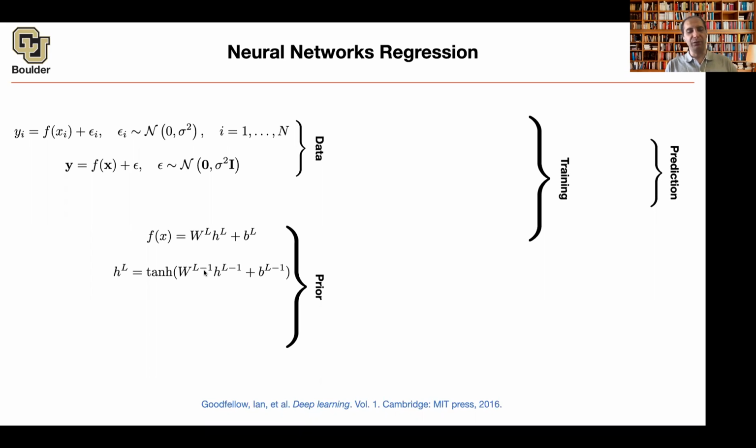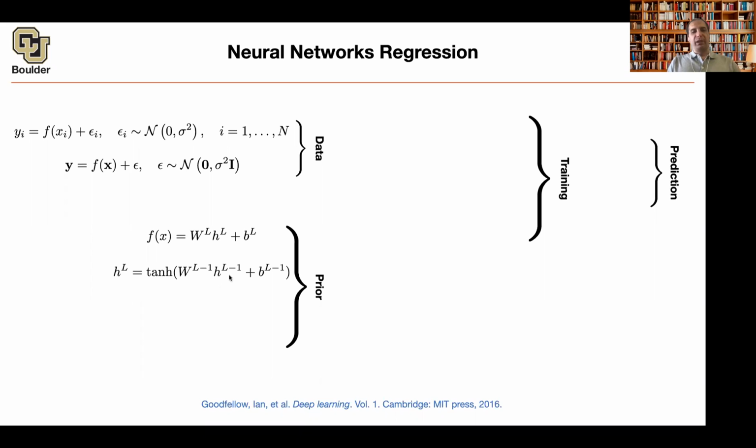It's going to be W_L times W_{L-1}, which you can call a new matrix, W tilde, and you can only model linear functions this way. That's the reason you're introducing a nonlinearity here. It could be tanh, ReLU, Swish, or any other activation function or nonlinearity that you like, and it is applied pointwise.